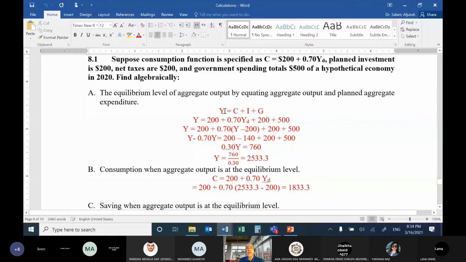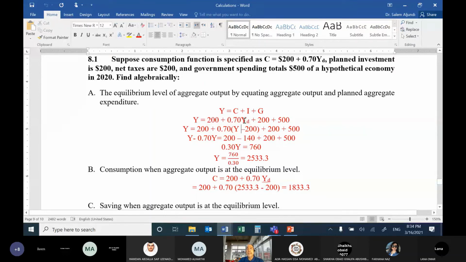So see here, now calculate Y. How to calculate Y? So this is the consumption function, 200 plus 0.7 YD. Investment is 200. Government expenditure is 500. Okay, we solve it.